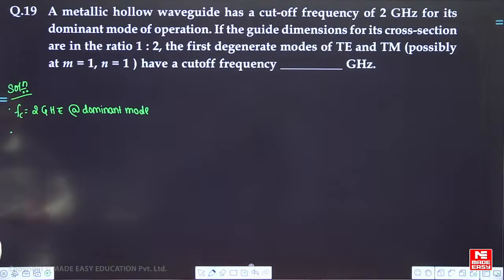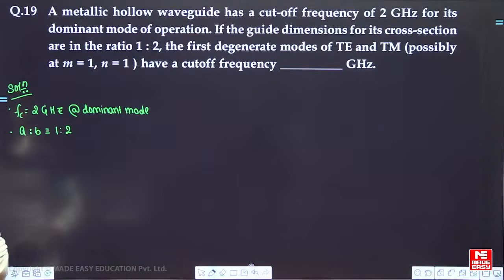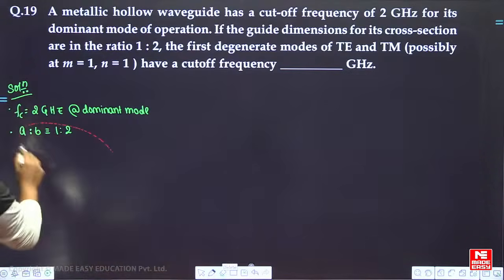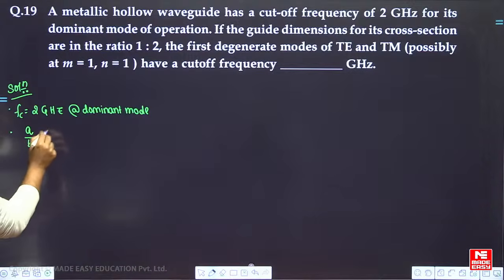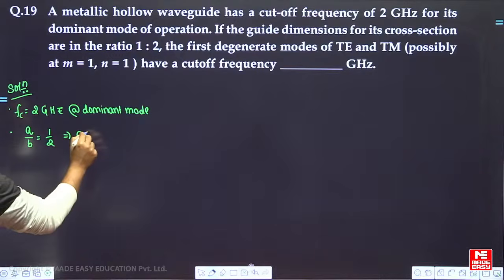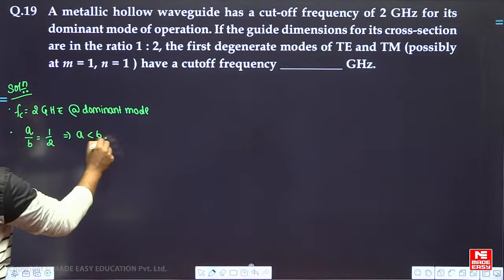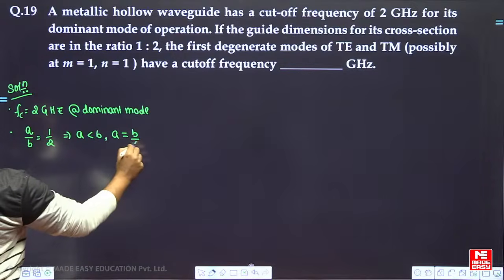If the guide dimension is in ratio, that means A is to B is 1:2, or you can write A by B is 1/2. It means that A is less than B and A is B by 2, isn't it?